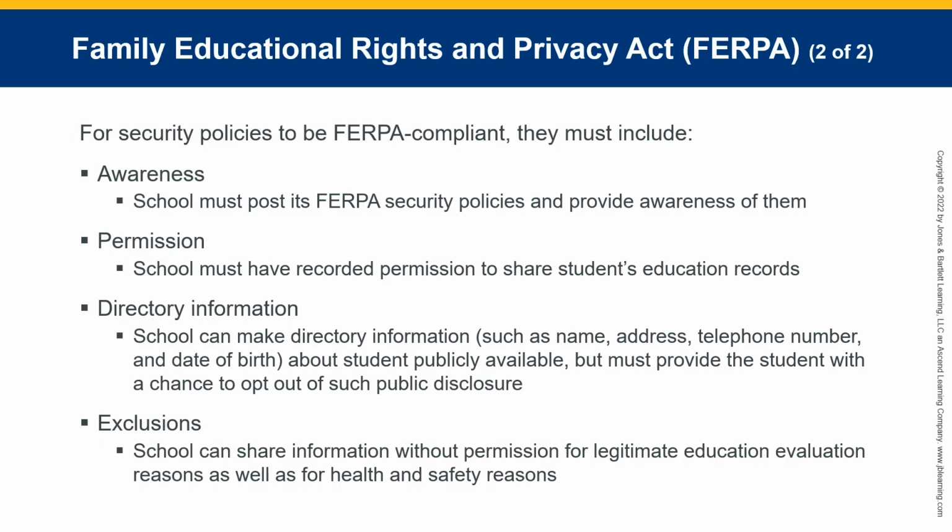School can make directory information such as name, address, telephone number, and date of birth about a student publicly available, but must provide the student with a chance to opt out of such public disclosure. Exclusions. School can share information without permission for legitimate education evaluation reasons, as well as for health and safety reasons.